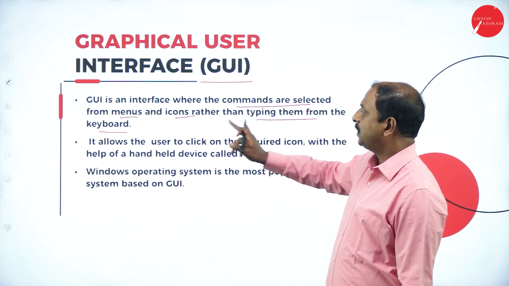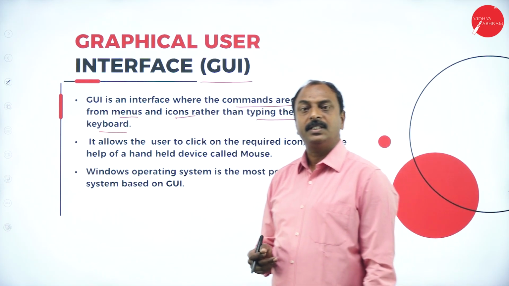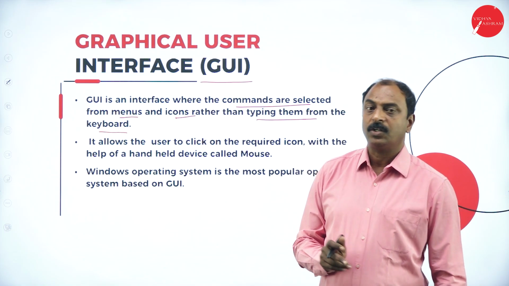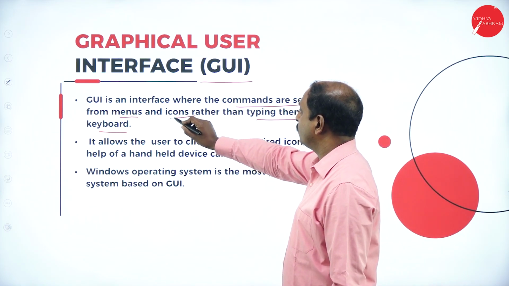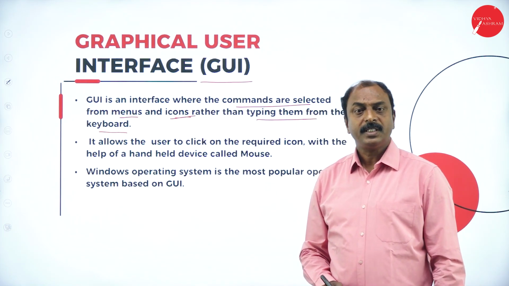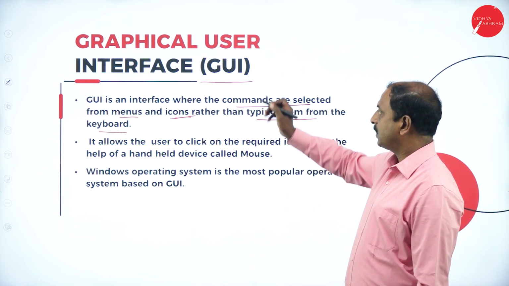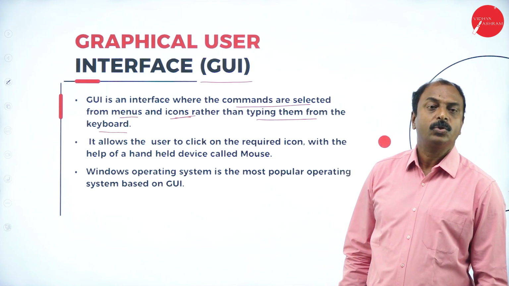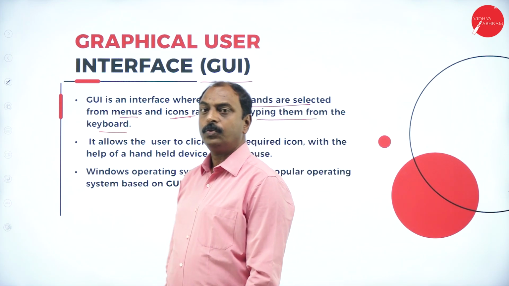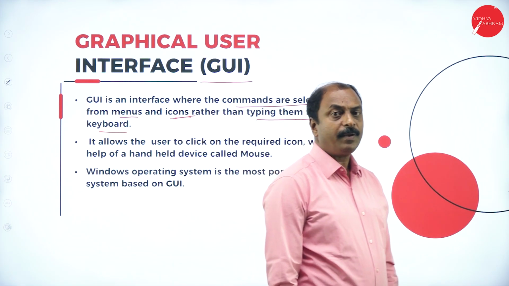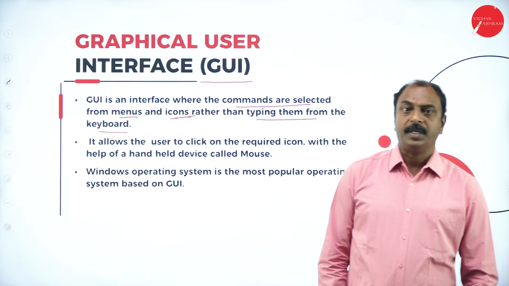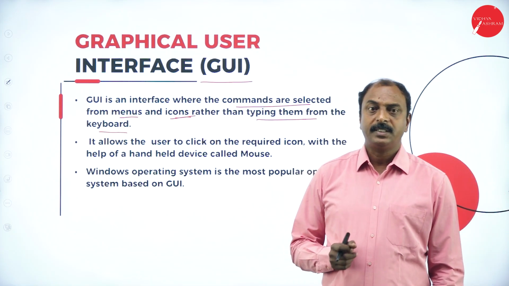But in GUI, the user interacts with the computer in the form of icons. You are familiar with GUI, that is the Windows operating system. Whenever you boot the computer, Windows is immediately loaded, and this is GUI.